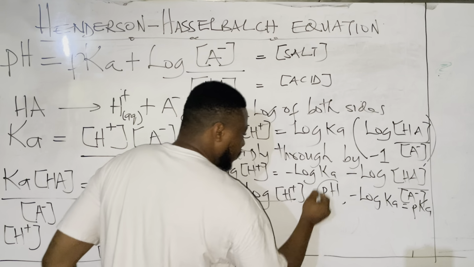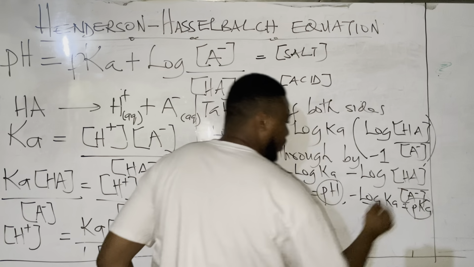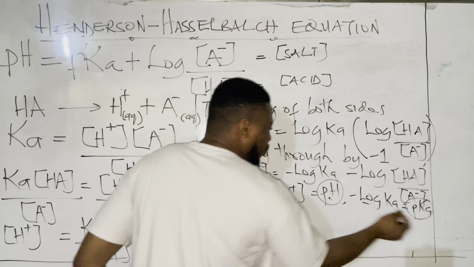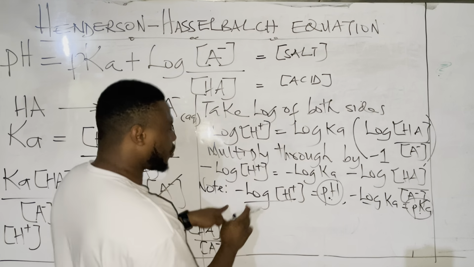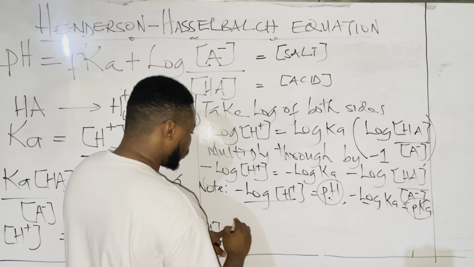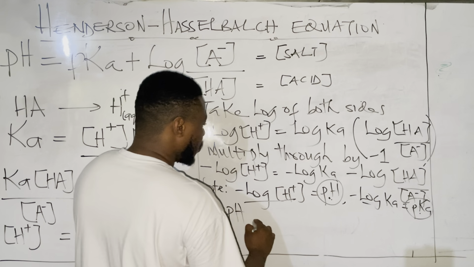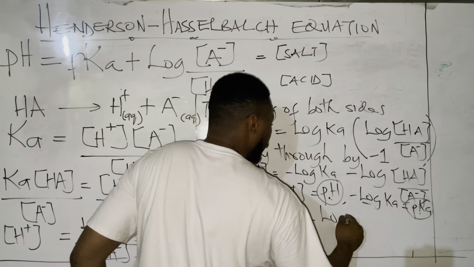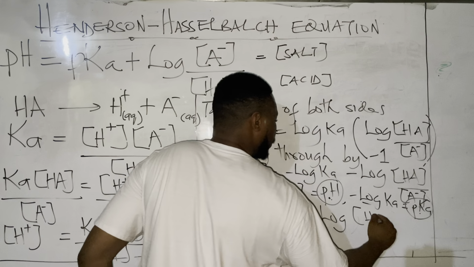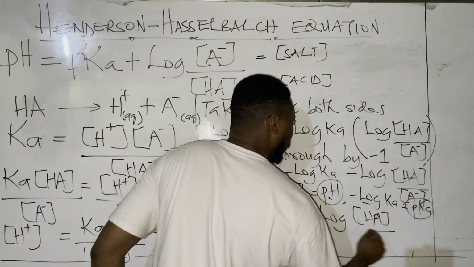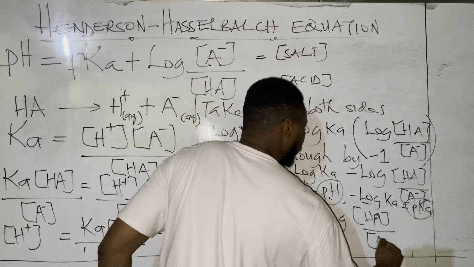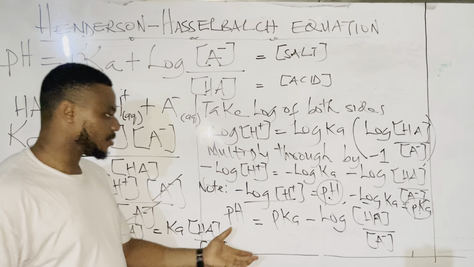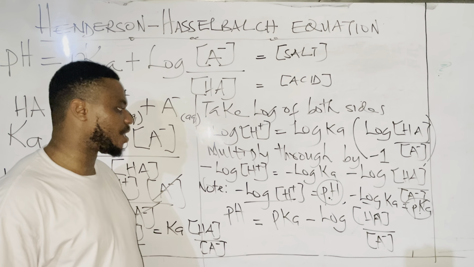So if we want to now substitute these into here, minus log H plus is pH, so this will now be pH equals pKa minus log of the concentration of HA divided by the concentration of A minus. This is what we now have.